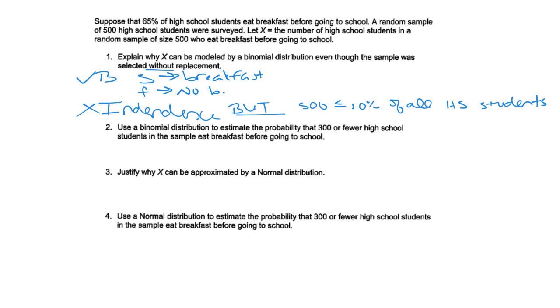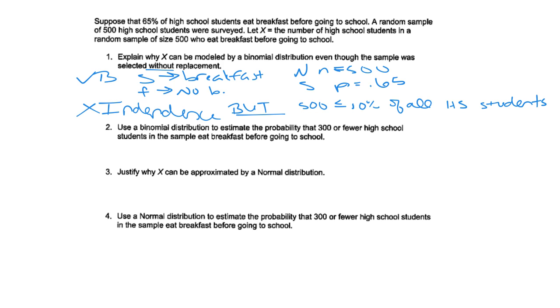Officially, this would be in the world because it doesn't say where. So my 10% condition is met, so I can still use this as a binomial because my set number of trials is met at 500. And my probability is the same every time, 0.65 probability that they ate breakfast, of having a success.